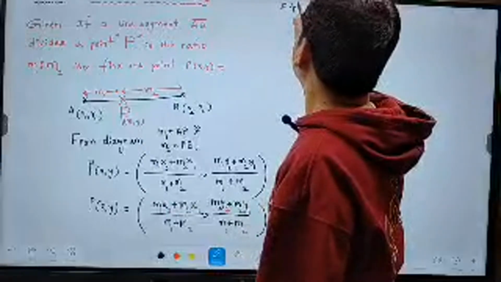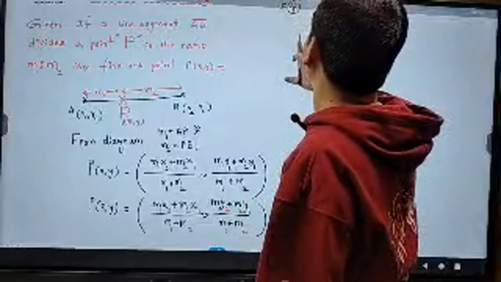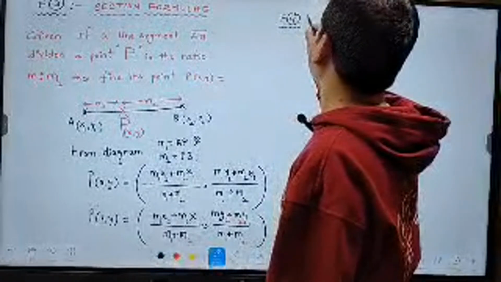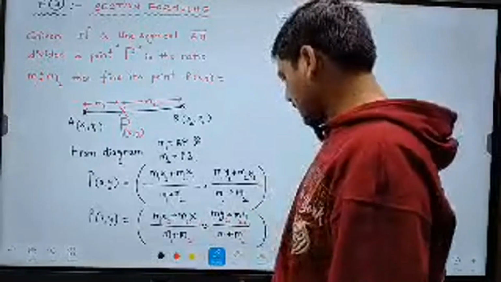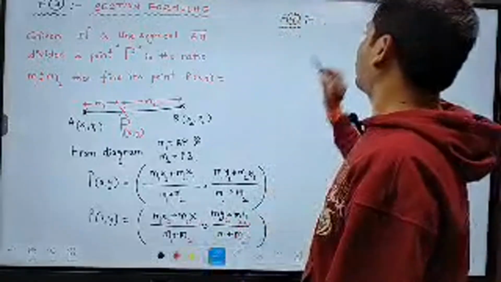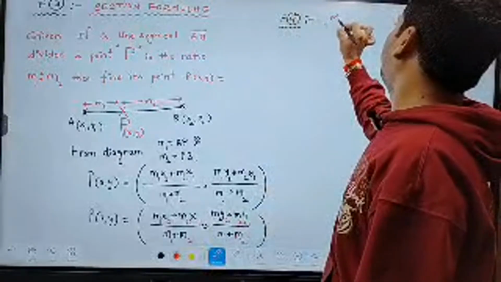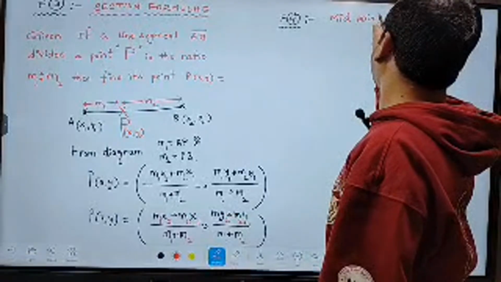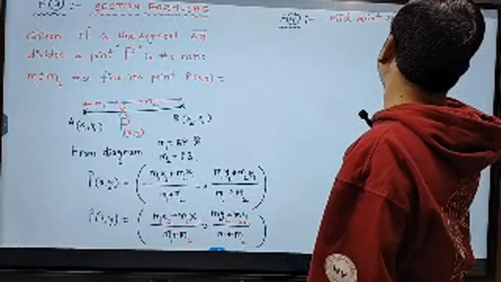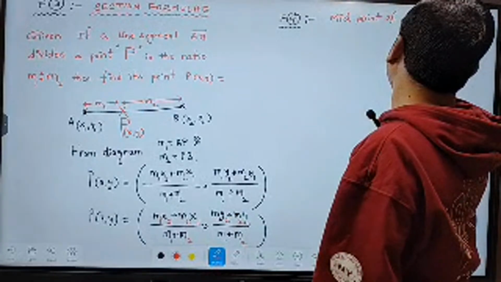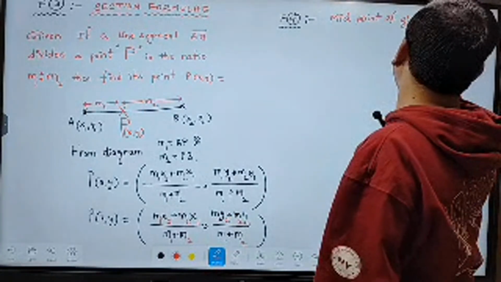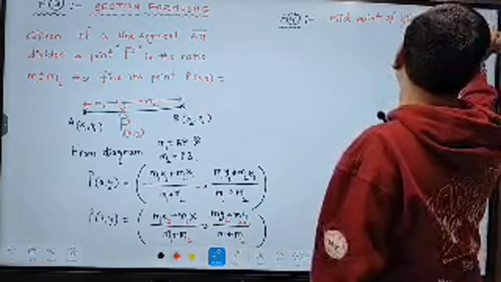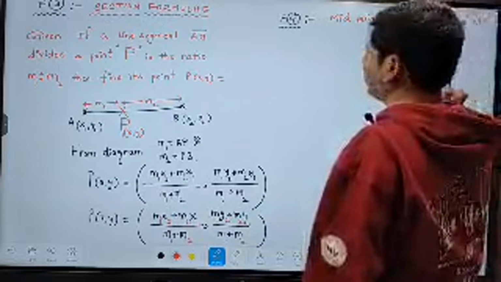Formula 4: that concept name is midpoint of given any 2 points.